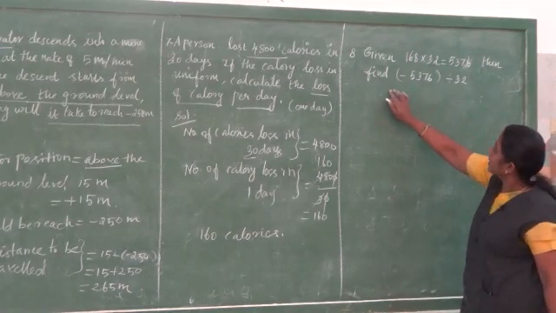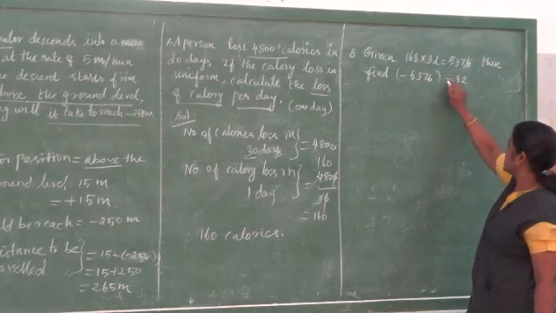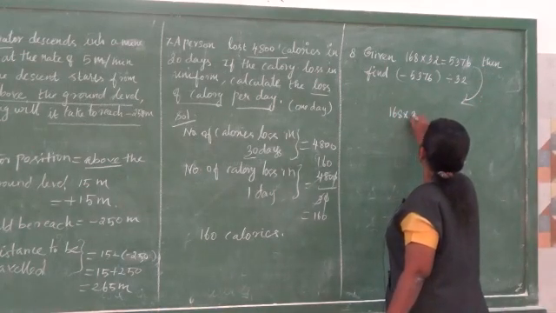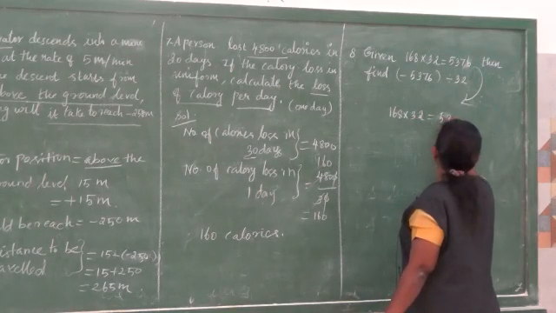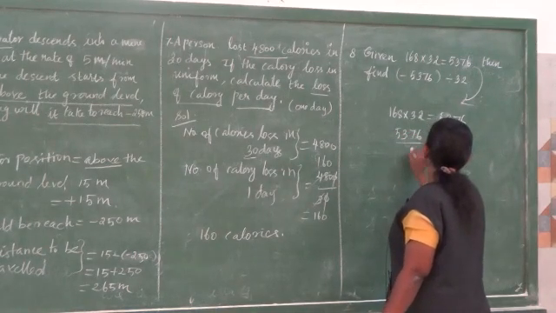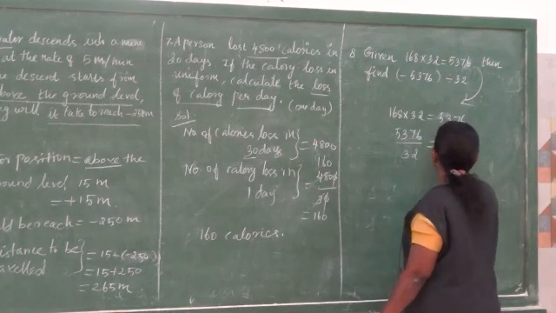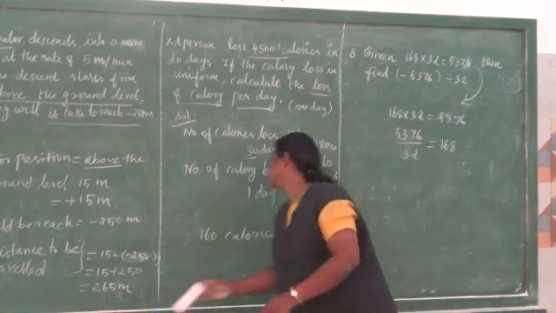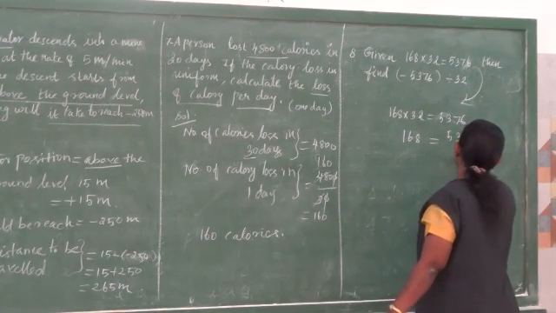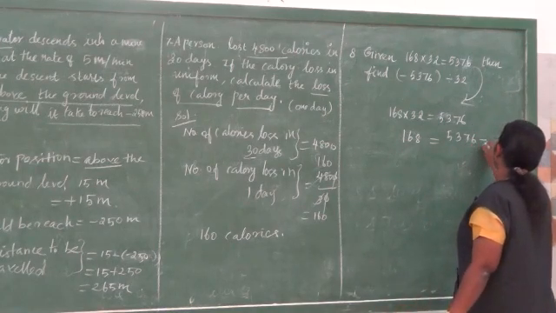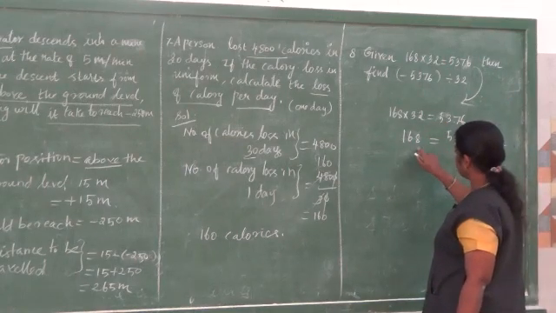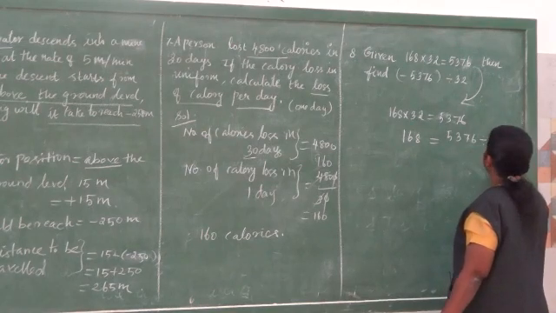The 8th question is given to us: 168 into 32 equal to 5376. Then find minus 5376 divided by 32. From that equation we obtained 5376 divided by 32 equal to 168.